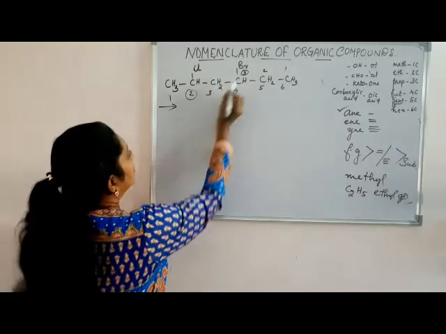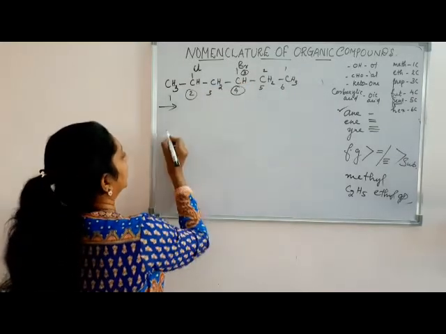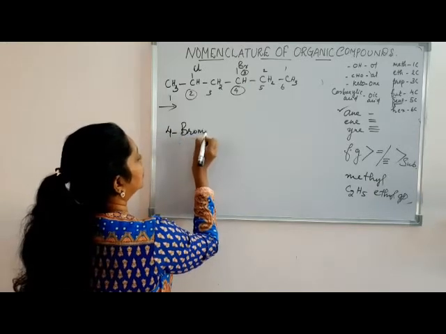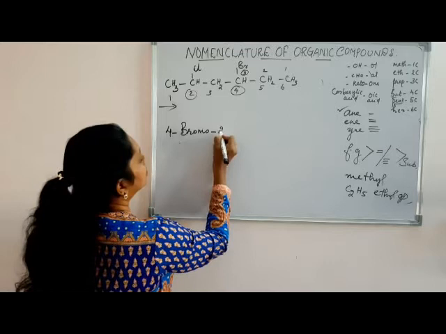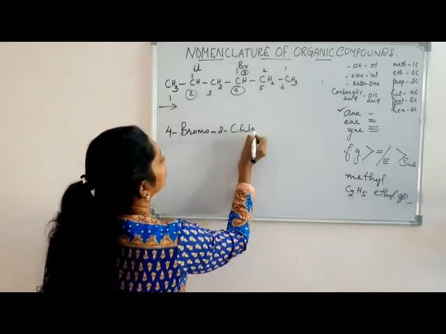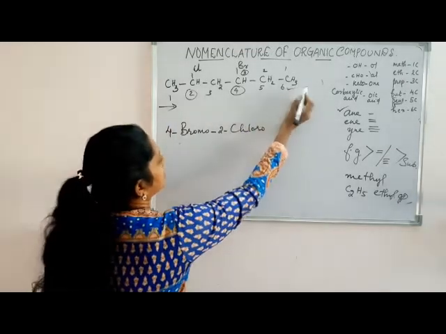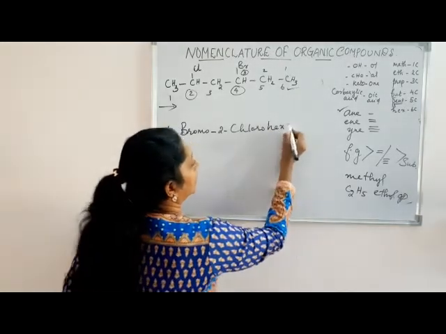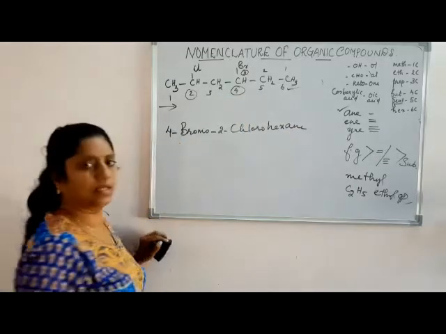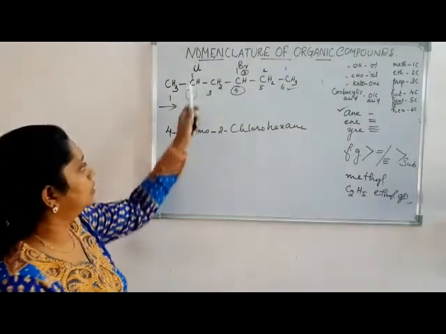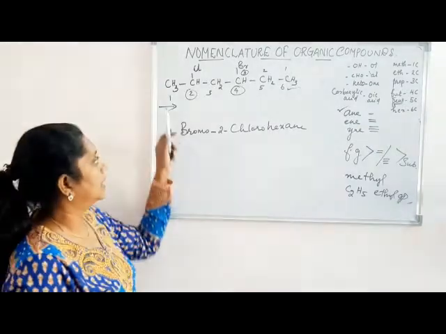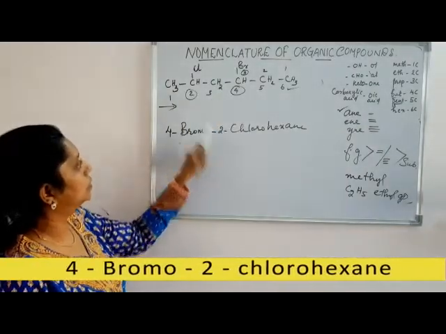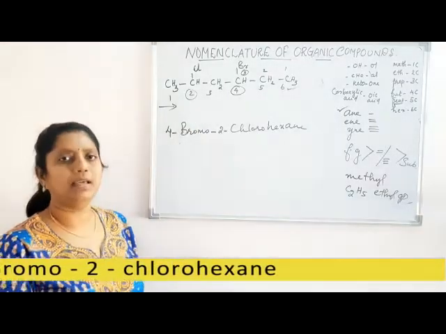Bromine is on the fourth carbon atom, so 4-bromo, B in lowercase as part of the name, then 2-chloro. 6 carbon atoms are here, so hex is the word root and ane because there are only single bonds. When two substituents are present, we have to follow the alphabetic order. Hence 4-bromo-2-chlorohexane is the correct name.